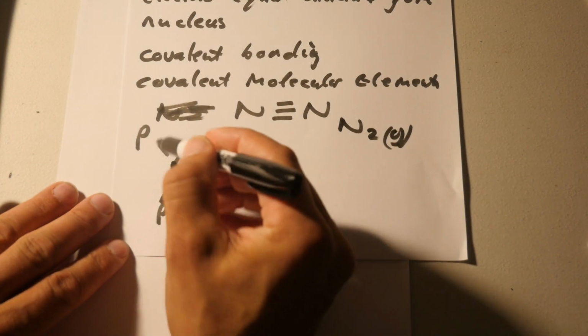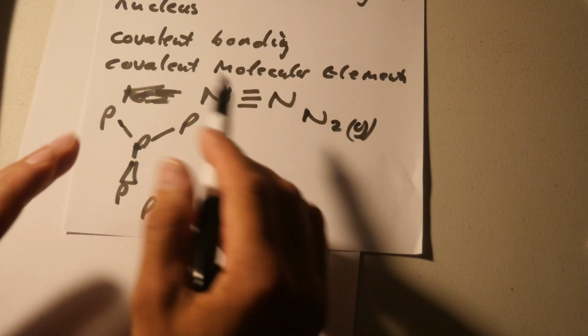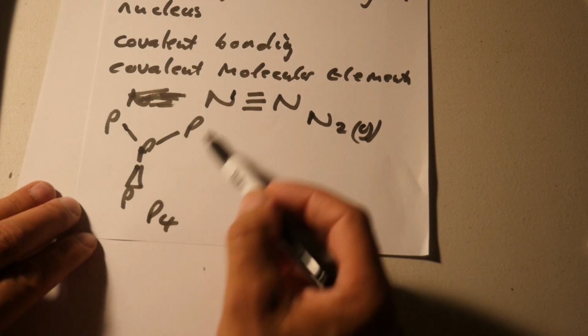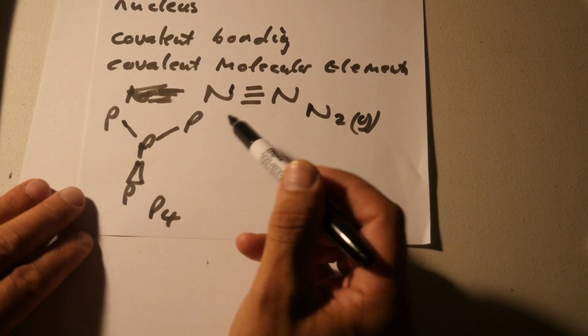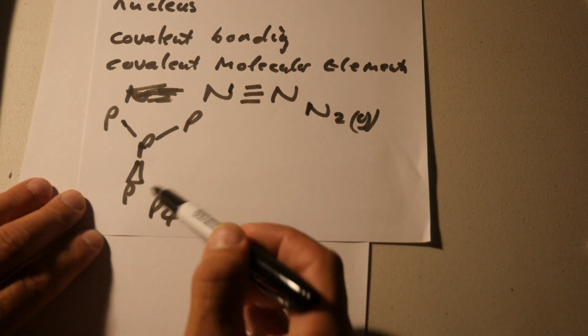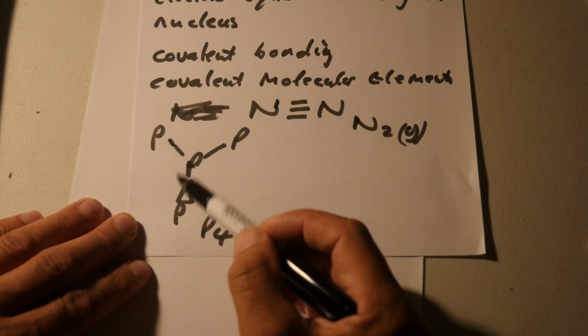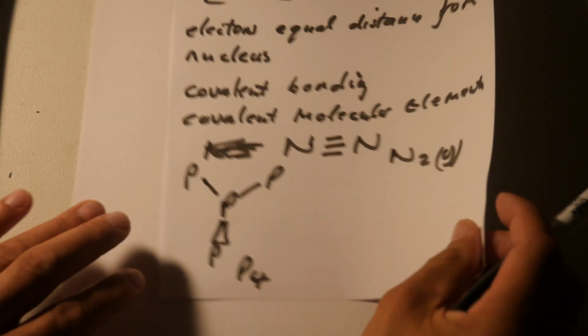So what I'm doing is showing you various structures that can form when atoms come together by covalent bonding, and they can form various molecules. In this case nitrogen gas, and P4, which is phosphorus. You've got 4 phosphorus atoms joined by covalent bonds. Okay.